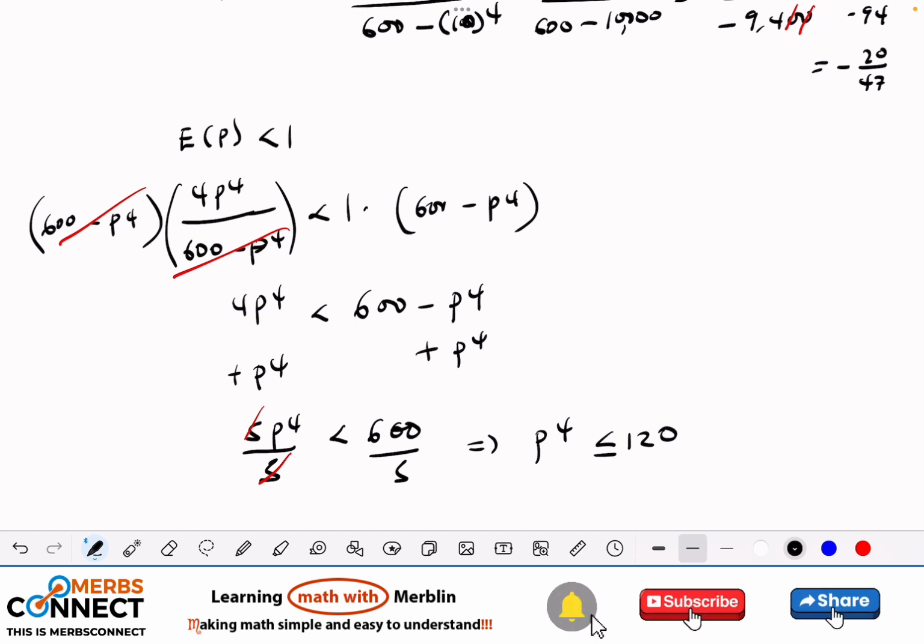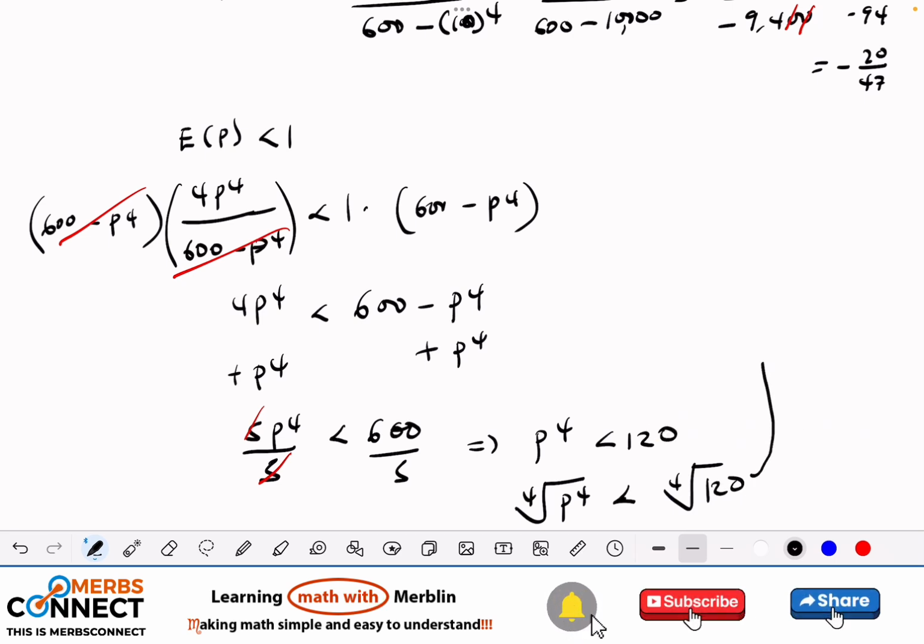So 120 times 5 will give us 600, I think so. And then now let's pick the fourth root on both sides, right? So I'm going to pick the fourth root, because this is 4. That is, P is less than the fourth root of 120.